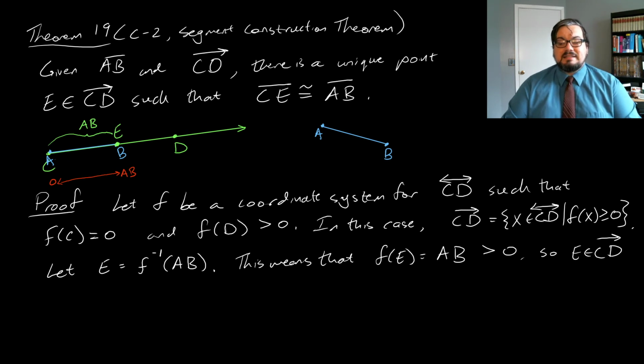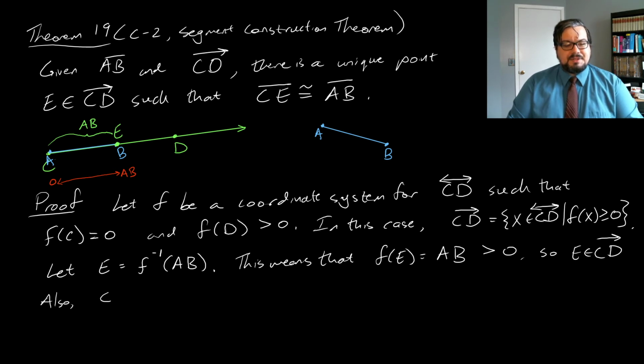The ray CD is the set of all points on the line where the f of that point is non-negative. So also, we have that the distance from C to E is equal to the absolute value of the coordinate of C minus the coordinate of E. So the absolute value of f of C minus f of E. By construction, f of C is 0, and f of E is the distance AB.